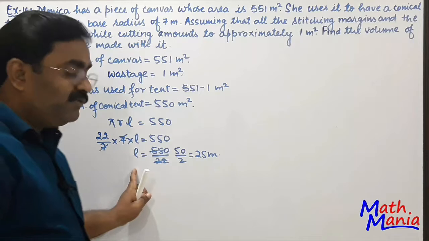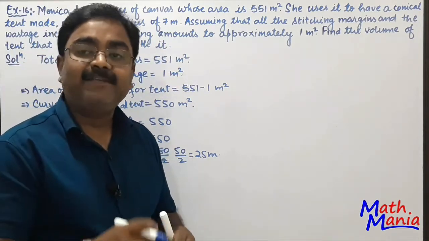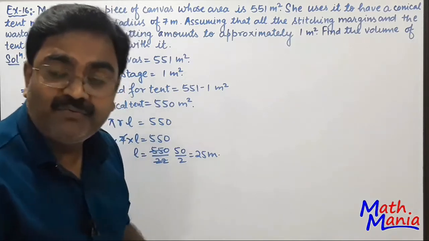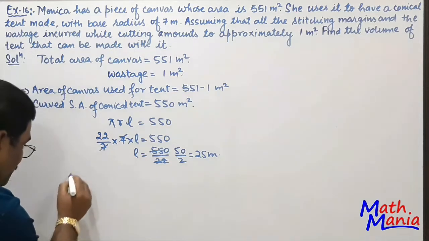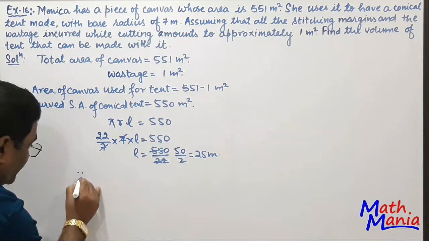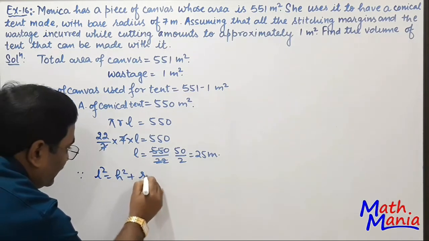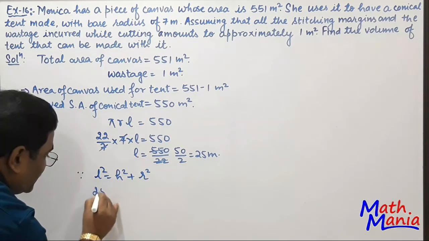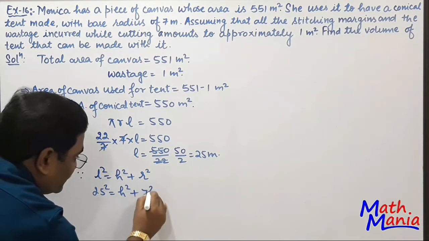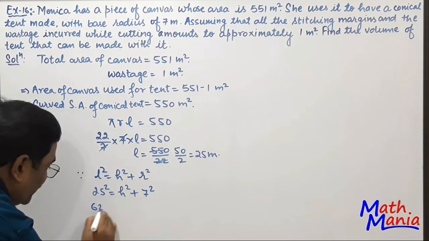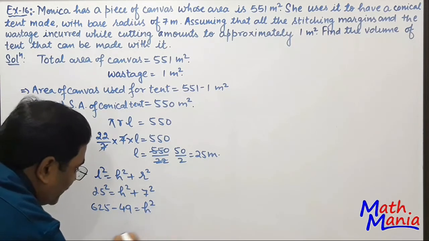After getting the slant height, and the radius is given as 7 meter, we need to find the actual height h by the formula L square is equal to h square plus r square. So 25 square equals h square plus 7 square. This gives 625 minus 49 is equal to h square.